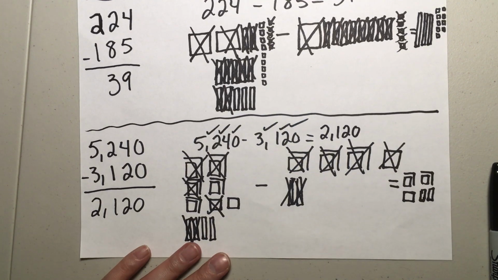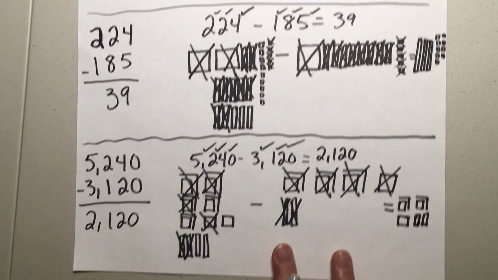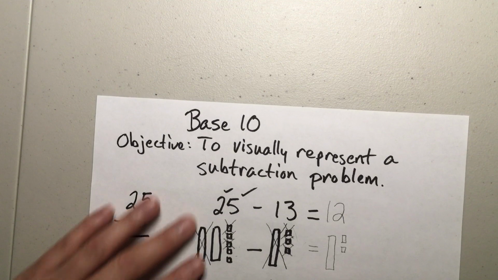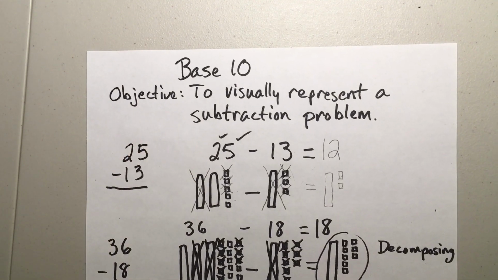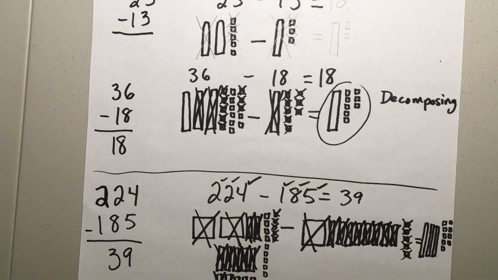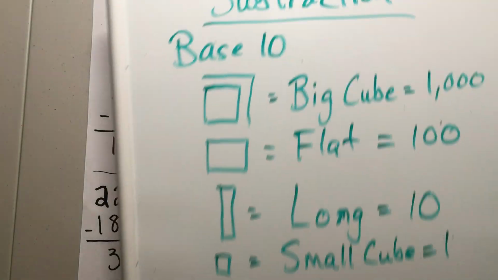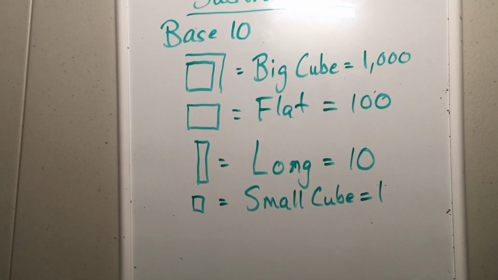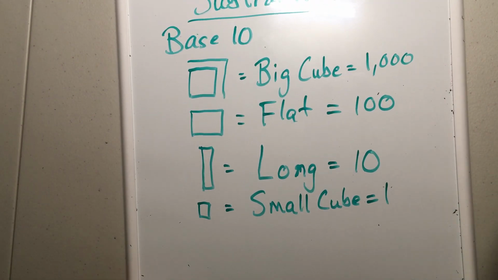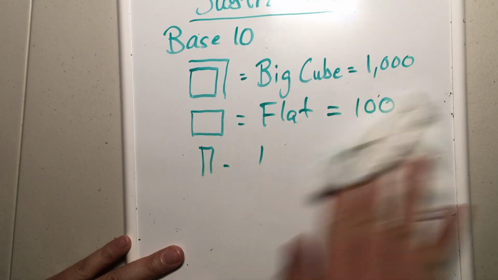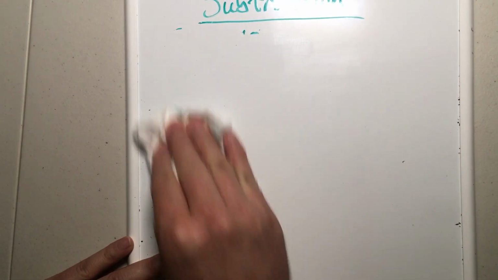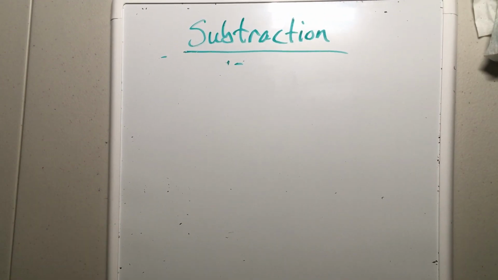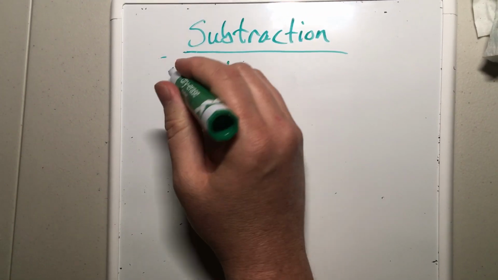Cool. All right, so going back to our objective here is to visually represent a subtraction problem. Some kids are going to love this strategy. All right, so let's talk about the base 10.